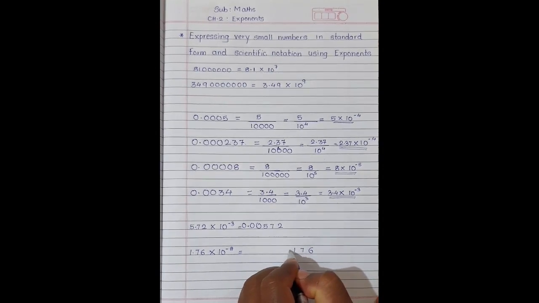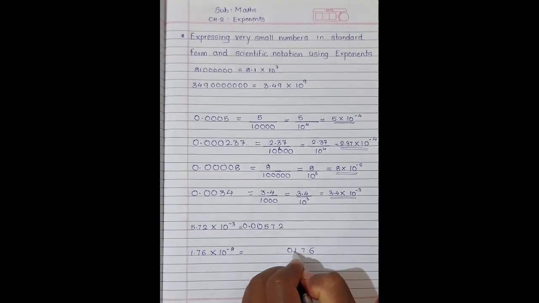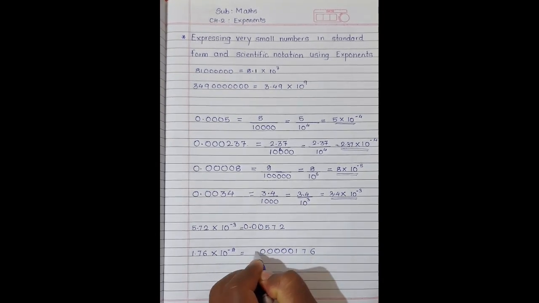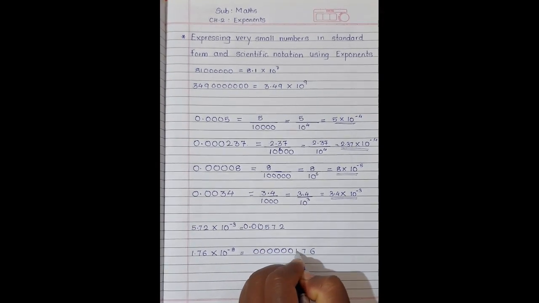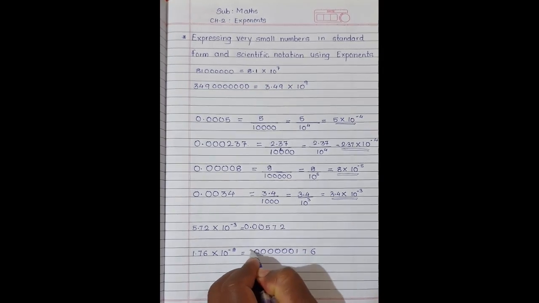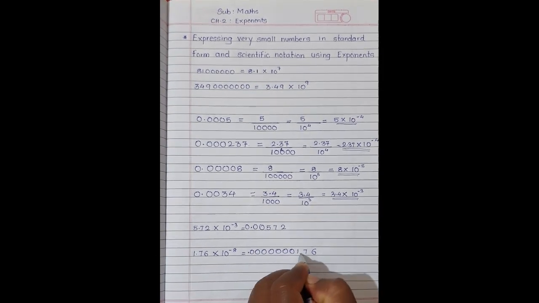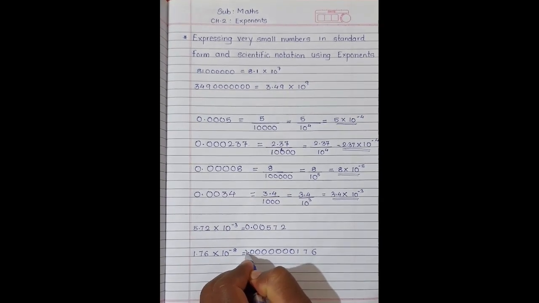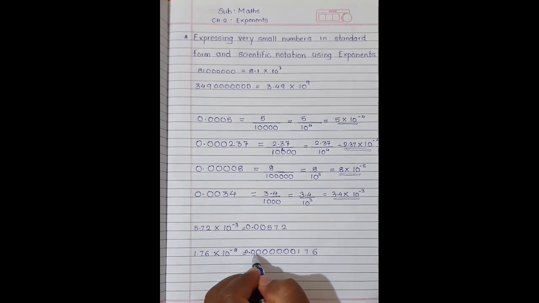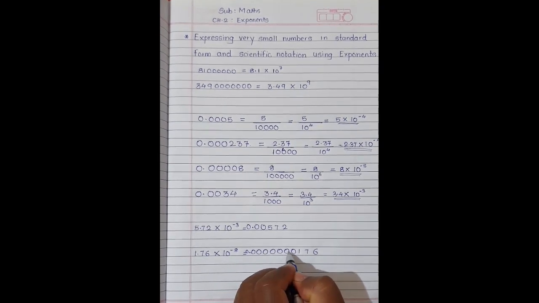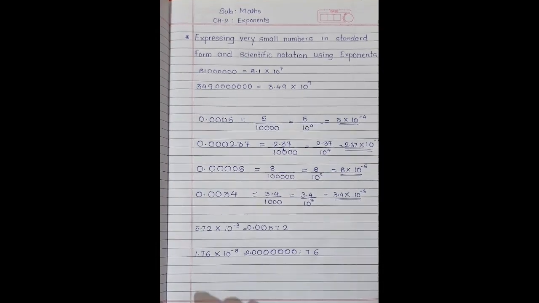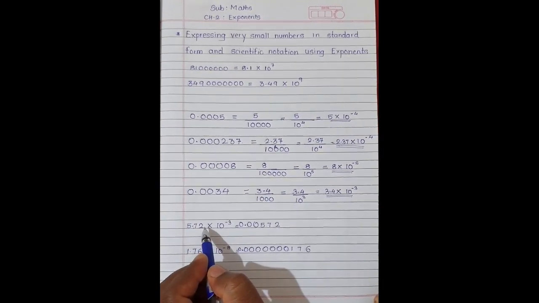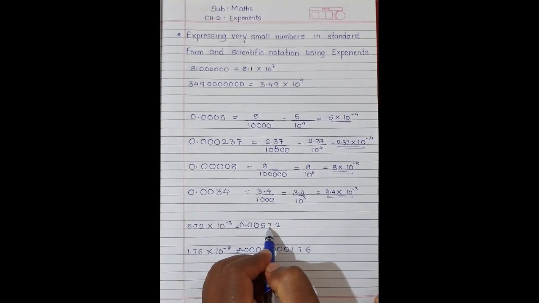So 1, 2, 3, 4, 5, 6, 7 and 8, and before that write 0. So it is 0.000000176. Understood? So this is scientific notation, and that we have converted into standard form.